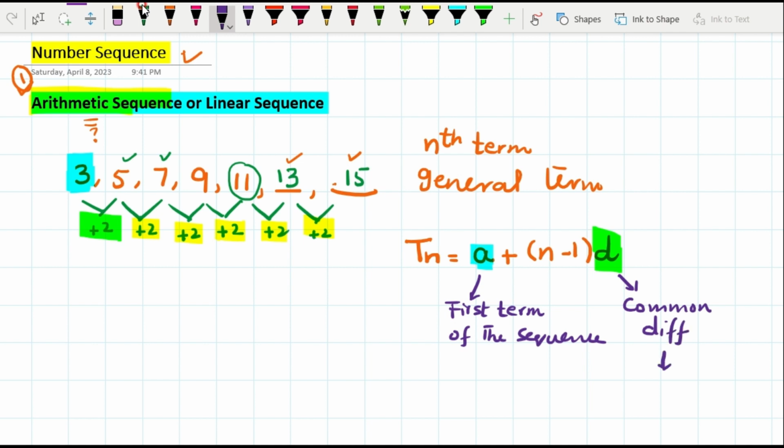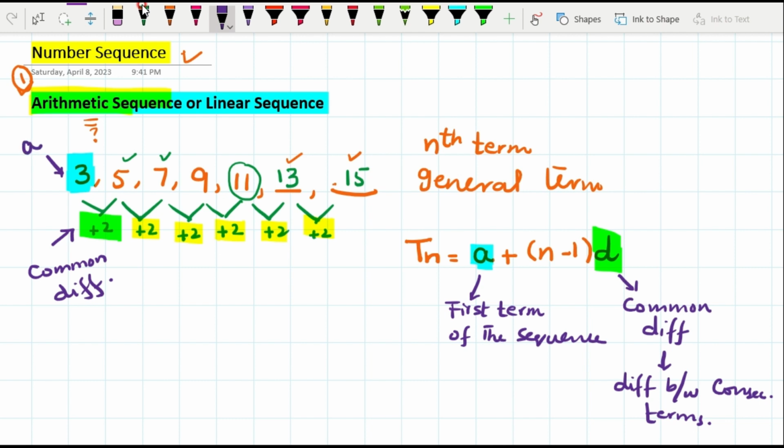We normally calculate the common difference by subtracting the consecutive values, right? Means the difference between consecutive terms, and that is called the common difference. And here you can see the first term as A, that is the first term.